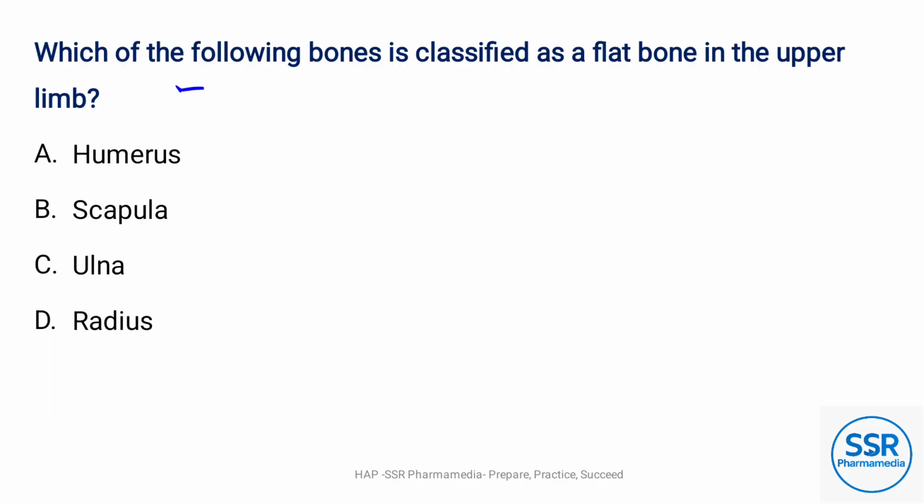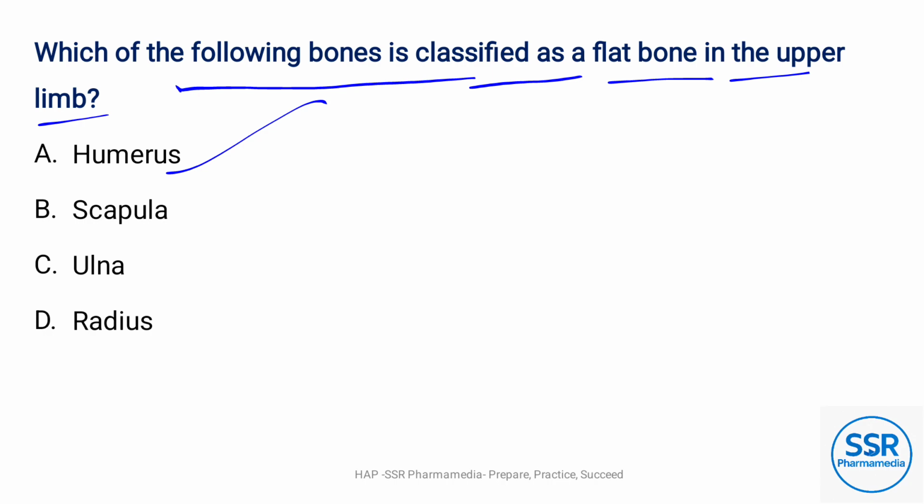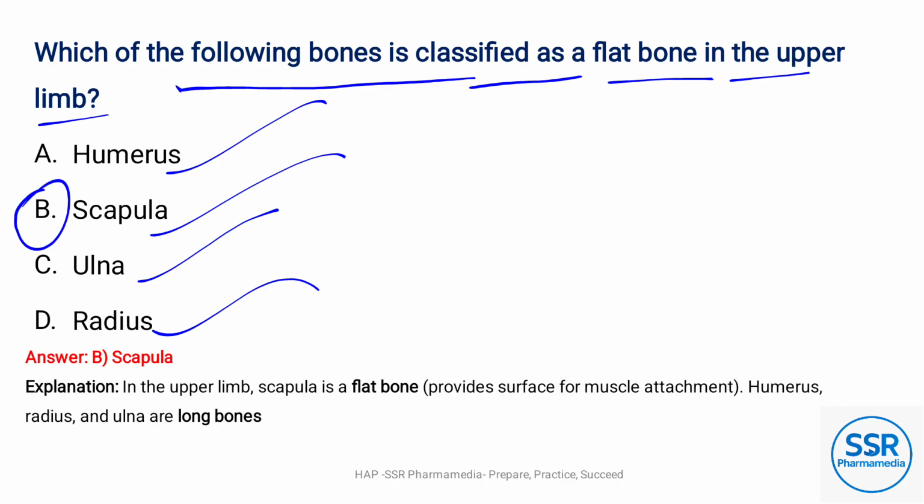Which of the following bones is classified as a flat bone in the upper limb? Option A, humerus. Option B, scapula. Option C, ulna. Option D, radius. So the answer is option B, scapula. In the upper limb, the scapula is a flat bone and provides a surface for muscle attachment.